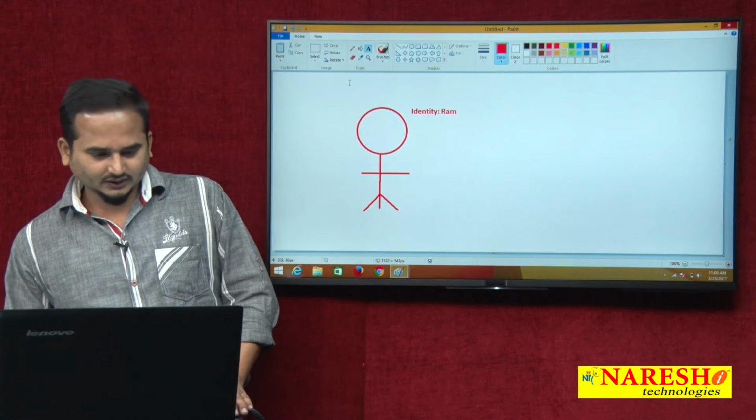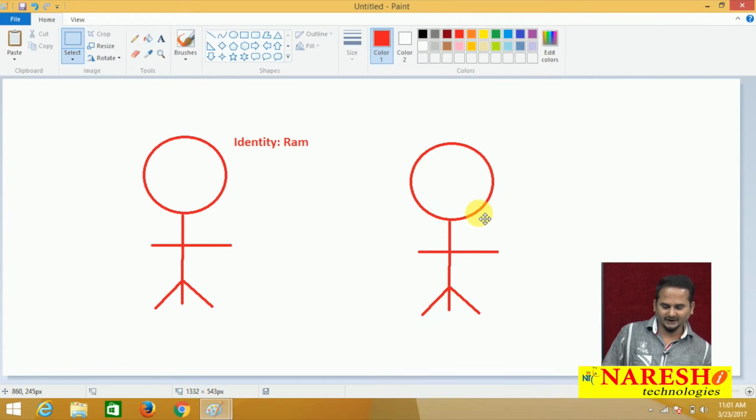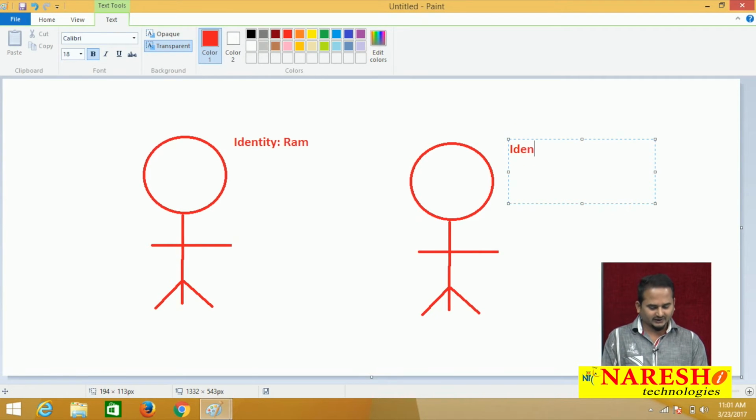Now, let me take one more object. This object also has some identity. Here I am taking an identity like Varun, or let me take an identity like Kiran. So this object has an identity and this object also has an identity.